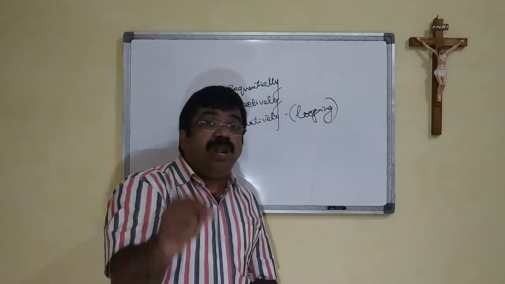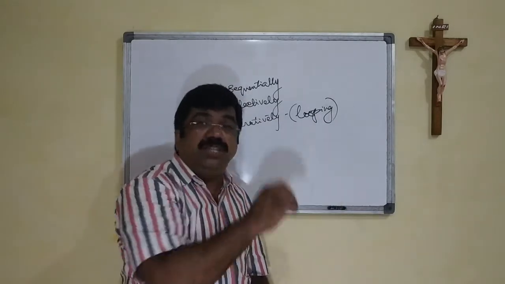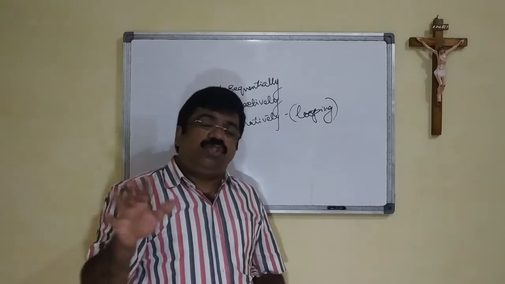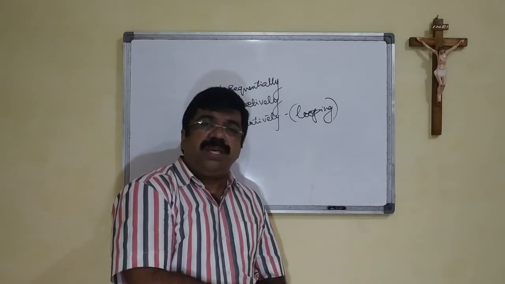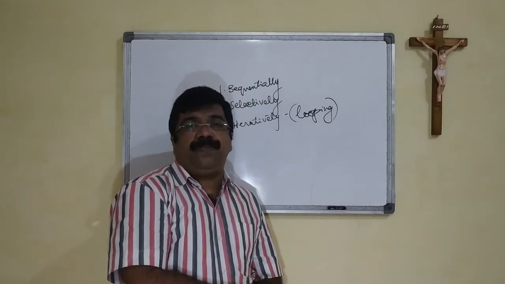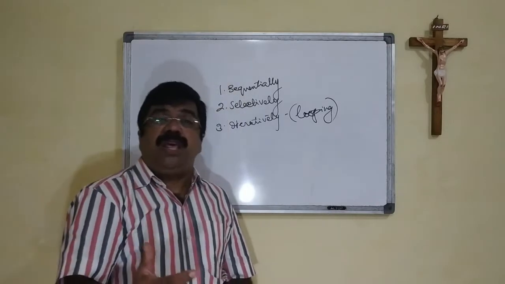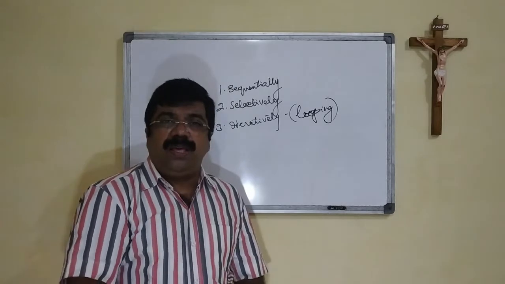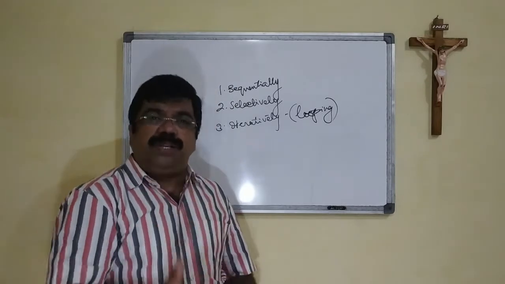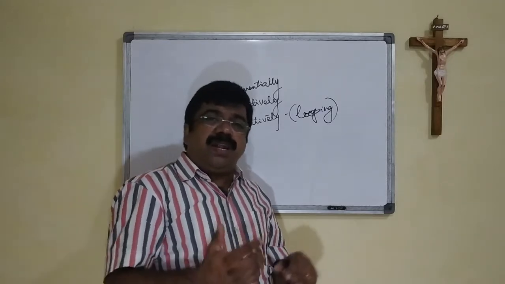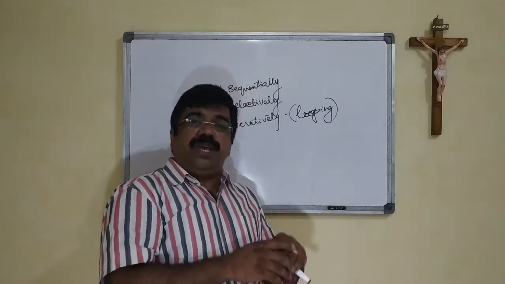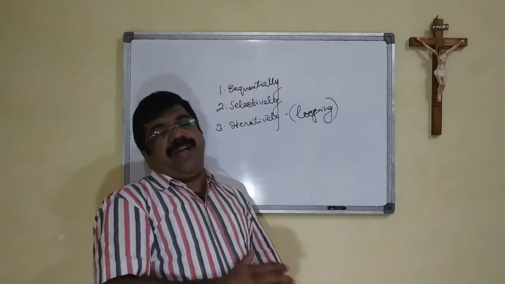And when the goal is finished, when you are reaching the school, we are stopping. We are getting down from the cycle. So that kind of action is considered as looping. A set of statements, a set of actions are repeated again and again unless and until a certain condition is satisfied.